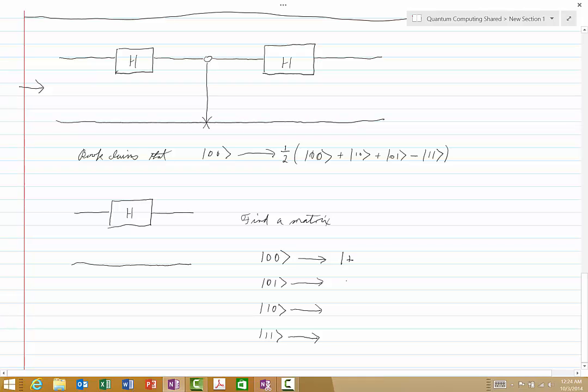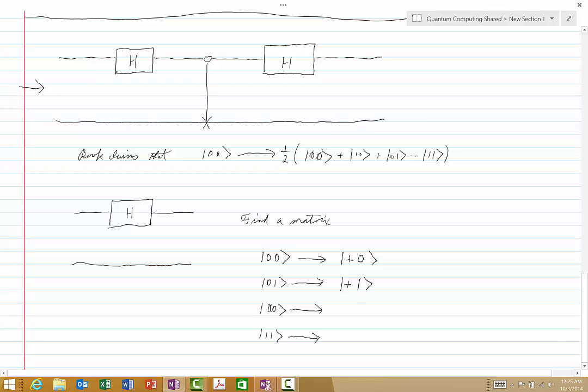So we would have plus, and then as we said, the second qubit will just be 0. It's unchanged. Same kind of thinking here. The 0 for the first qubit will go to plus, and the 1 for the second qubit remains unchanged.